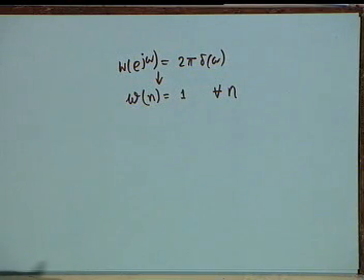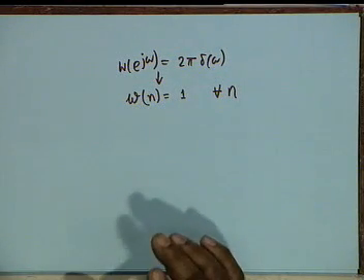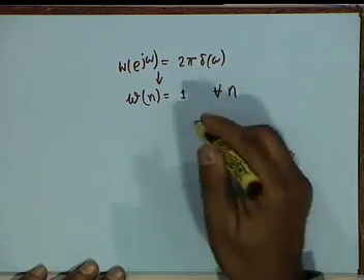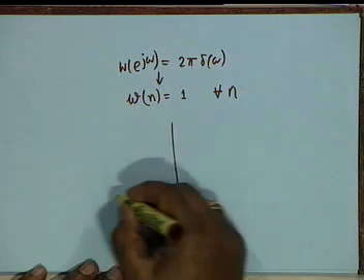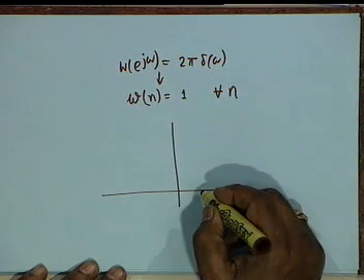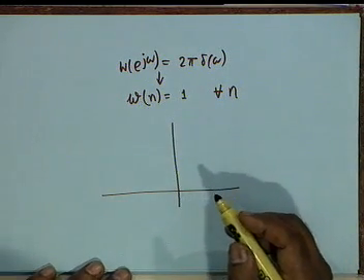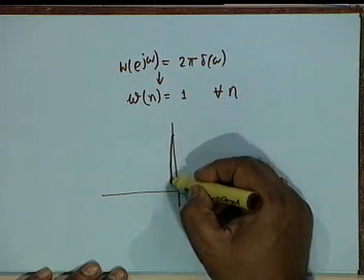This result is to be expected, but this way of deriving the result points out that what we want for the window function is that it should be an approximation to an impulse of strength 2π. It should be an approximation. In other words, we should have something like this.